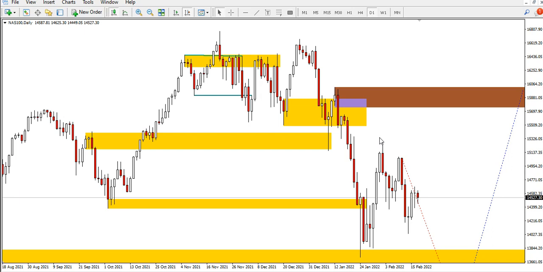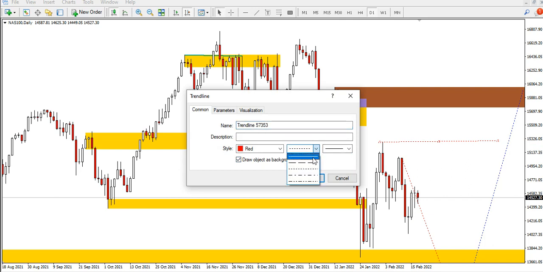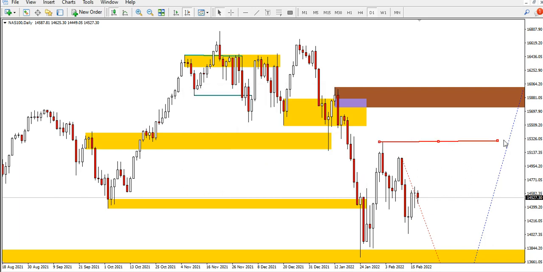So price has not yet broken this low, and price did not change its direction to trade above this swing high here. Okay, I have to go back to full line now. So this is our swing high, and then this here is our swing low.